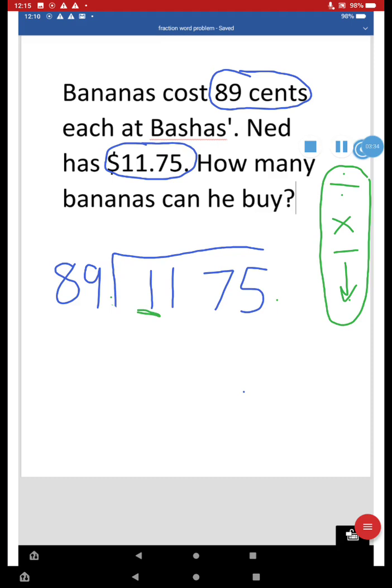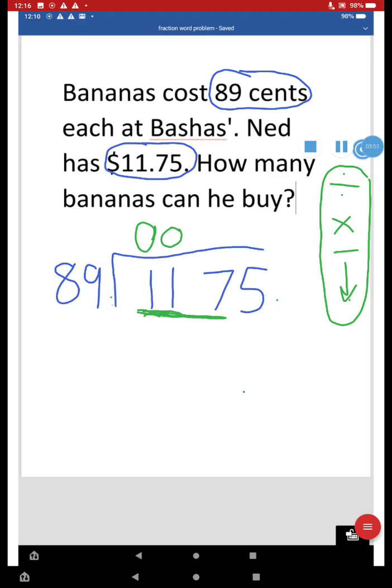I hope you're catching on that 1 is smaller than 89, so that's going to be a 0. Let's move over again. What's 11 divided by 89? Again, that's smaller than 89, so that's a 0. Well, what about 117 divided by 89? That one's kind of tough.